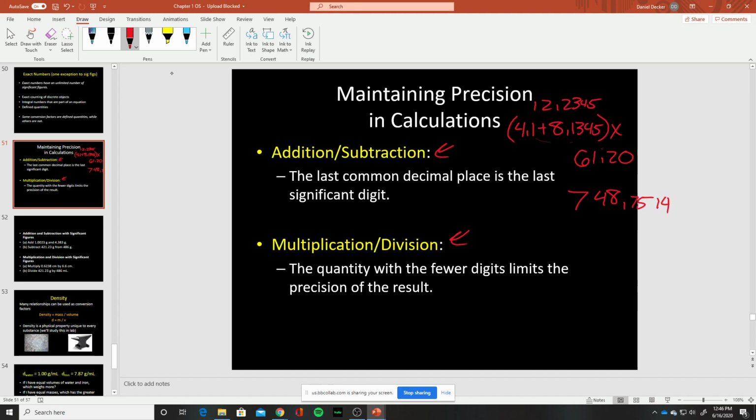But if I look at this addition as its own calculation, my answer would have to be cut off here, because that's the last common decimal place. Both of these numbers only go to the tenths place. And so my answer would be cut off at the tenths place, which means that it would only have 3 sig figs.